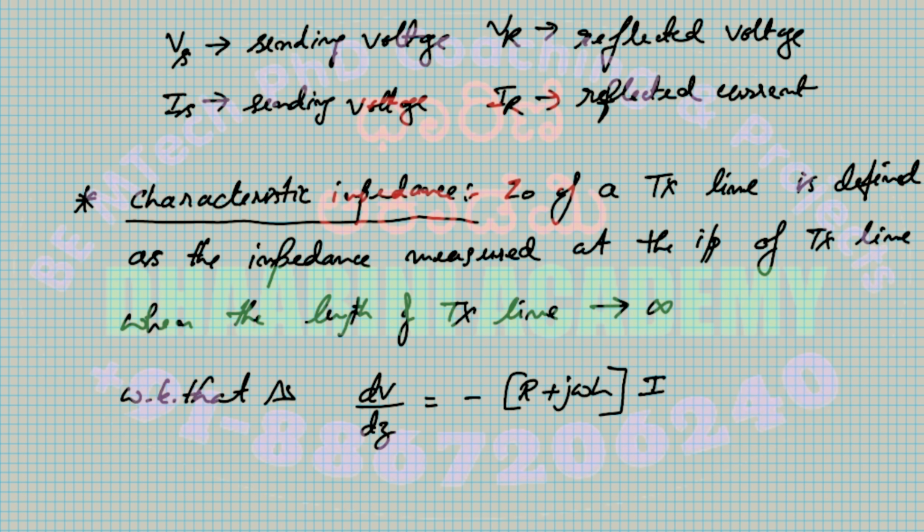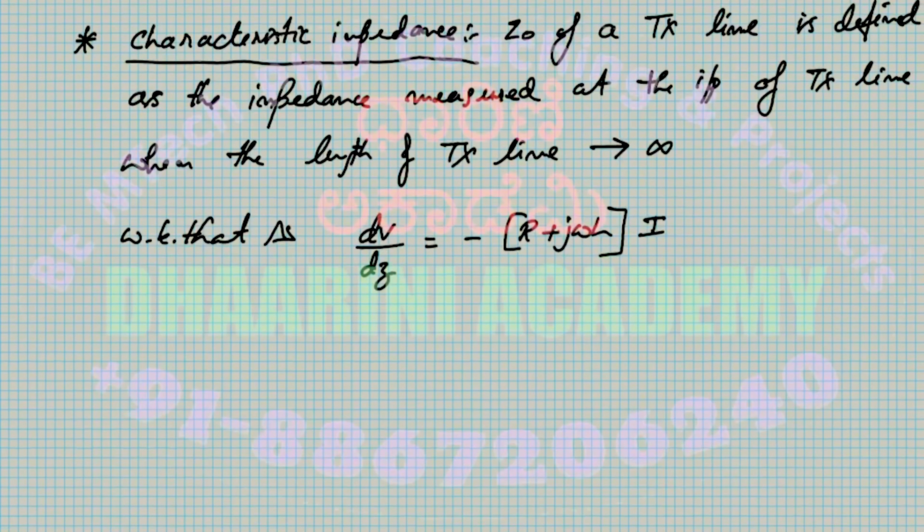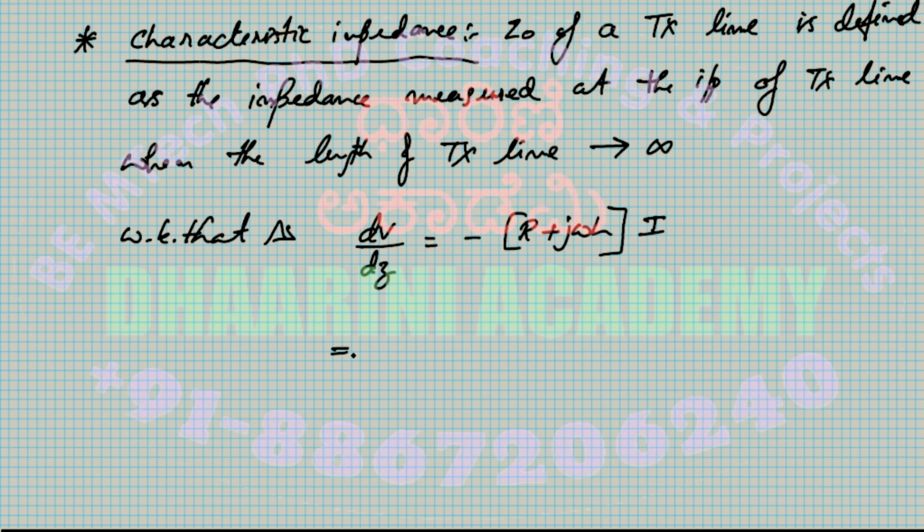I'll write I on one side and take everything else to the other side. So this implies the current is equal to minus of 1 divided by (R plus j omega L).